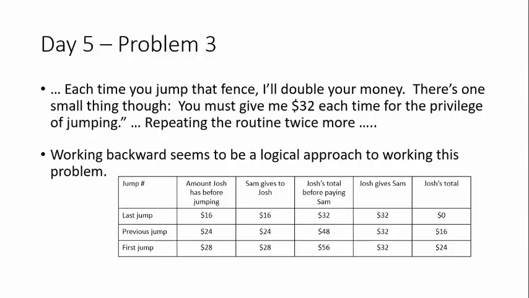Okay, remember he gave Sam $32. So before that, he would have had a total of $56. When he jumped the fence the first time, Sam doubled his money. So he would have had $28, which is half of 56, and Sam would have given him the other $28.